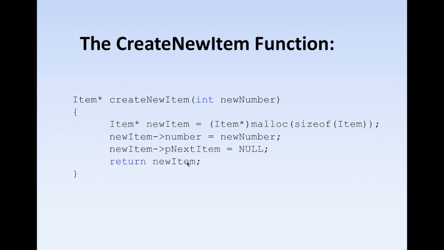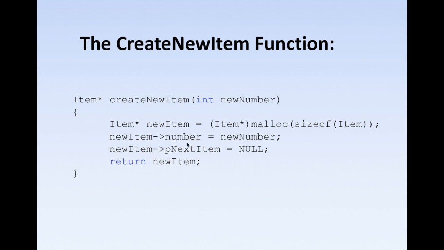But before I return it, I will set the number part. We said that every item has two parts. It has a number part and it has a P next item, which is a pointer part. The number part is equal to new number, because I'm creating an item with this new number, let's say 25. So for new item, instead of a dot, we use an arrow because it's a pointer.